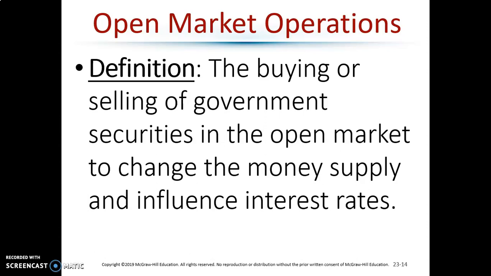Bond markets, I mean, there are exchanges where bonds are bought and sold, and what the Fed will do is it'll go and it'll offer prices. It'll maybe bid for bonds, saying, "Hey, I will pay this higher rate for bonds than everybody else is paying." Or if it's looking to sell bonds, it will offer bonds that are worth a certain amount.